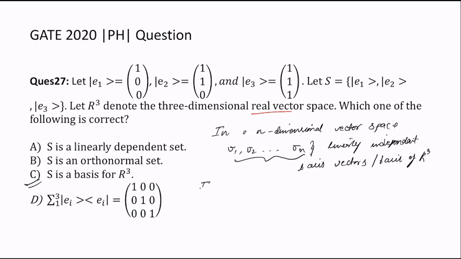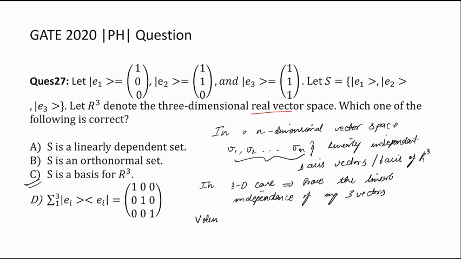Now, in a three-dimensional case, in order to prove the linear independence of any three vectors, we just need to find the volume occupied by these vectors, because if all three vectors are linearly independent of each other, then they would occupy a finite volume in this 3D space.